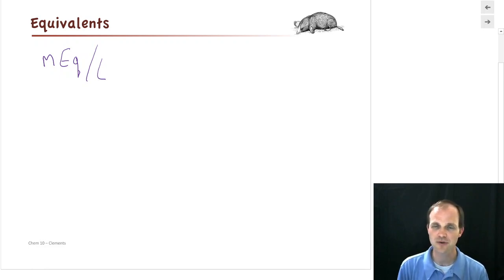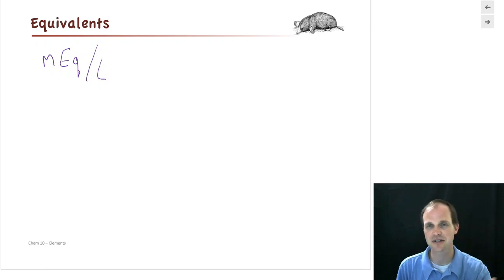The purpose of equivalence is that sometimes it's less important to talk about how much of something you have, like 5 grams of this or this concentration of that, but to talk about what the charge is in what you have, because a lot of the processes in our body depend on charge equivalence. So an equivalent is a way of talking about the charges that are present in something without actually having to talk directly about the charges.